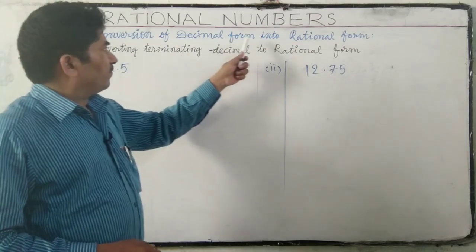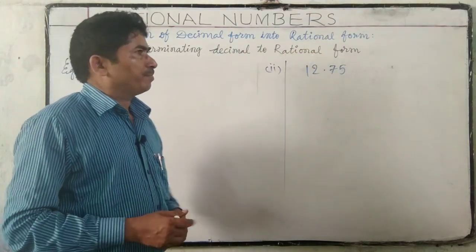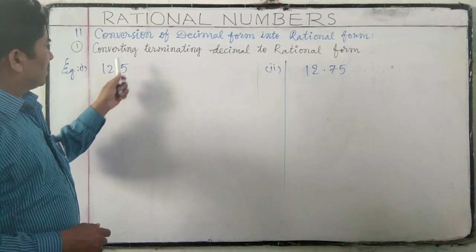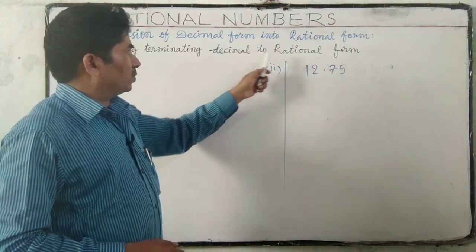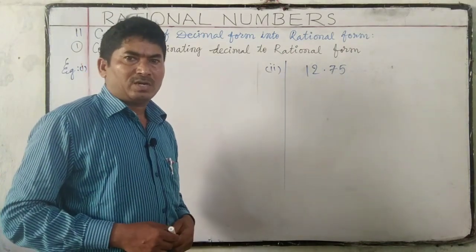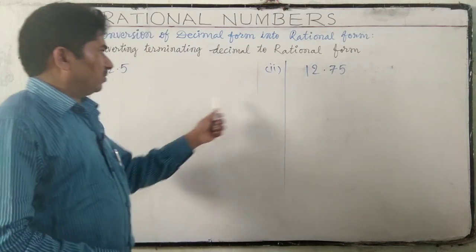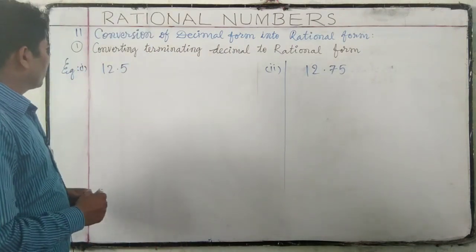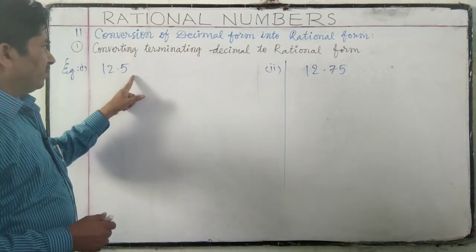Conversion of decimal form into rational form. First, converting a terminating decimal to rational form. To understand this, let us observe these two examples. Example 1, 12.5.